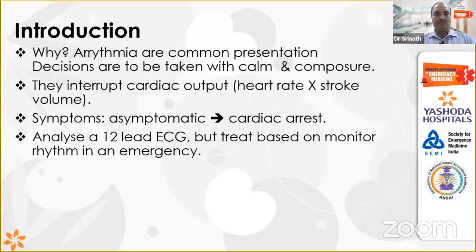Arrhythmias are important for us in the emergency department because they can interrupt the blood supply, the oxygen supply to the brain, and the oxygen transmission and carbon dioxide exchange. All these things are interrupted. So we have to be very, very careful in the emergency department. We have to monitor, look, and then start the treatments accordingly.